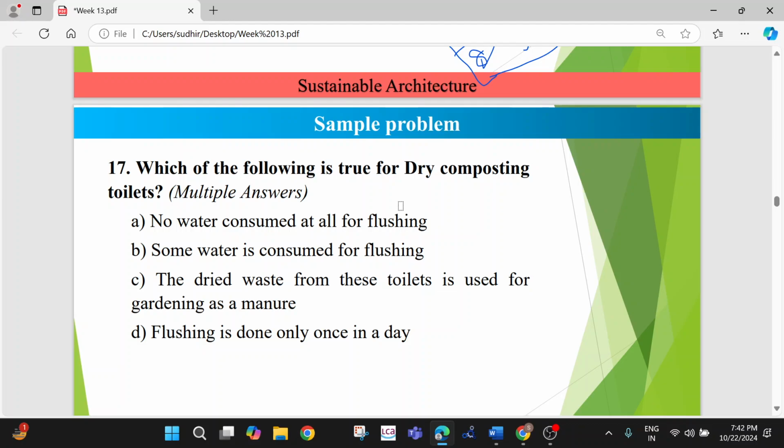And this is a multiple answer type question. The dry composting picture was also shown to you, so I think based on that you can answer this question. This is a multiple answer type question, so 2 options or 3 options can also be correct.